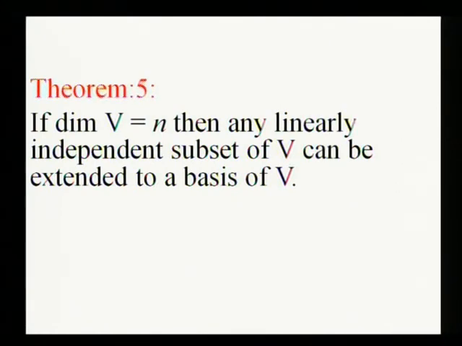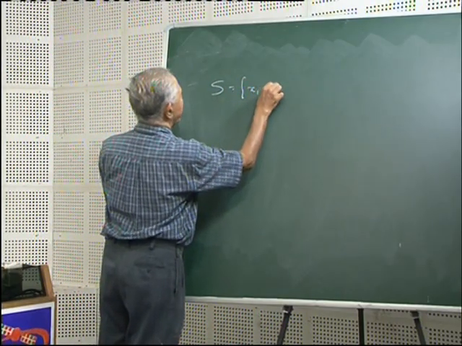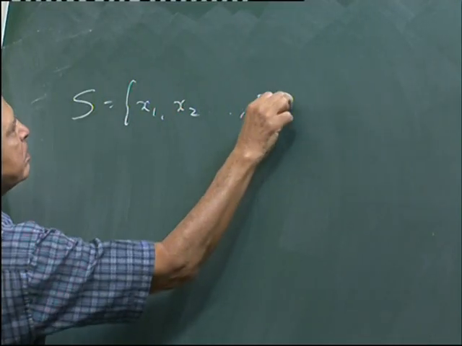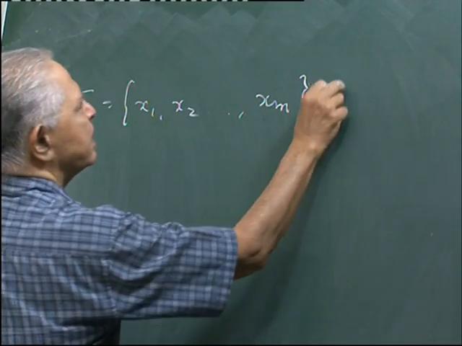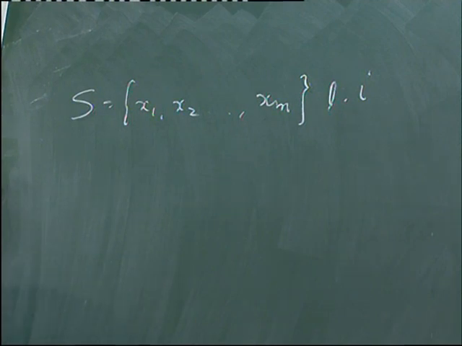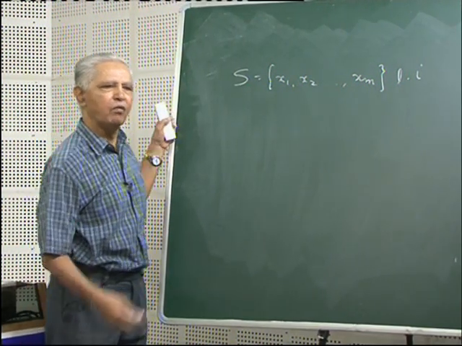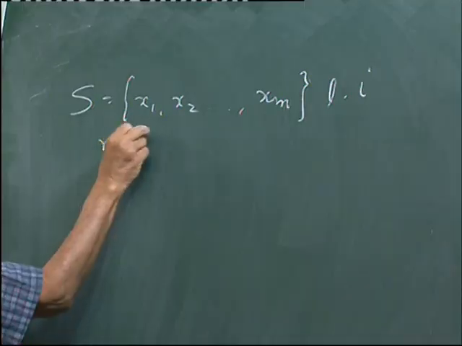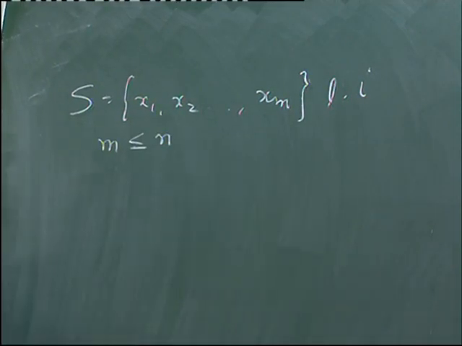What we are given is that V is a finite dimensional vector space with dimension of V equal to n. Then any linearly independent subset of V can be extended to a basis of V. Suppose S equal to {x1, x2, ..., xm} is a linearly independent subset of V. Then by what we already proved, m must be less than or equal to n, because bases contain n vectors.